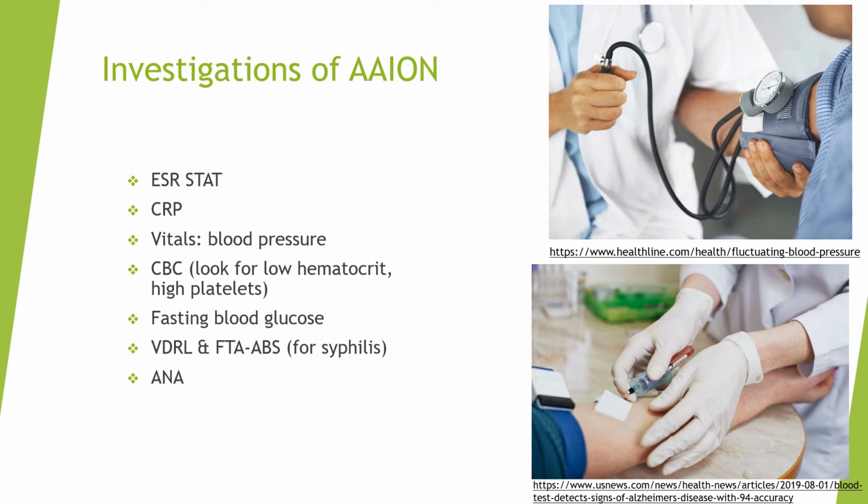We can also order a CBC, looking for low hematocrit and high platelets as an acute phase reactant. Also look at fasting blood glucose for possible diabetes mellitus, VDRL and FTA absorption test for syphilis, and ANA for vascular inflammatory disease.